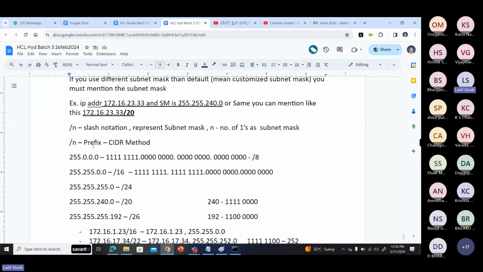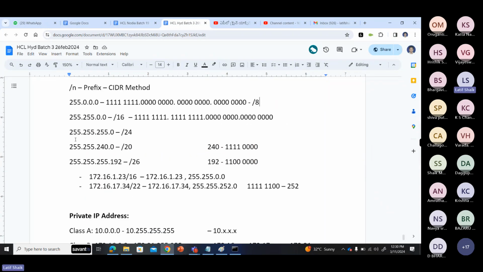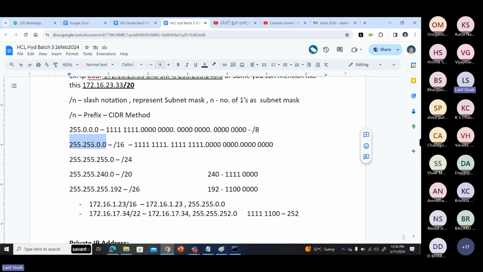So you can see this is 255.0.0.0. If you write it in binary, how many ones are there? See, only 8 ones. This is /8. Next, this is 255.255.0.0, a class B. It is /16. Why /16?